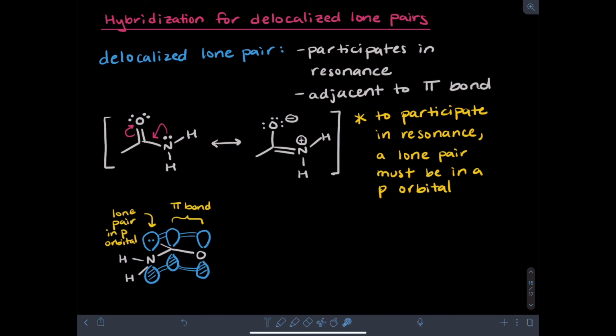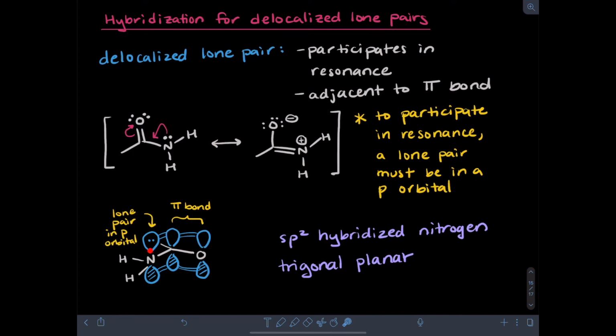In reality, nitrogen's lone pair needs to occupy an unhybridized p orbital so that it can overlap with the pi bond between carbon and oxygen. This is what gives us our delocalization or resonance. So this means, in the case of the amide, the nitrogen has to be sp2 hybridized so that it has an unhybridized p orbital that can be delocalized or participate in resonance. This makes the nitrogen trigonal planar.